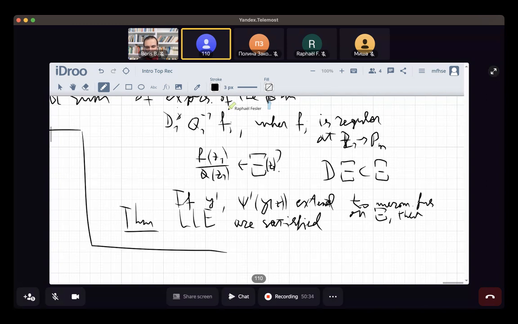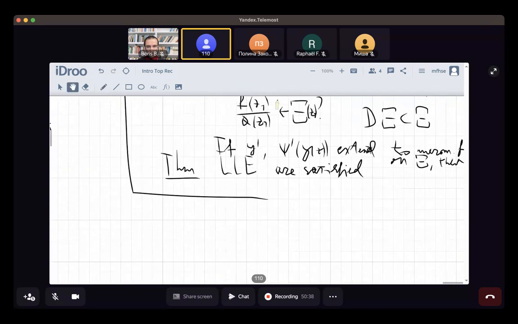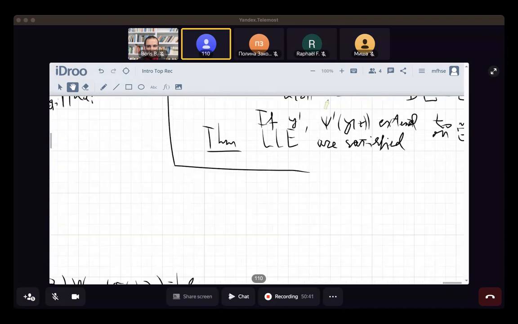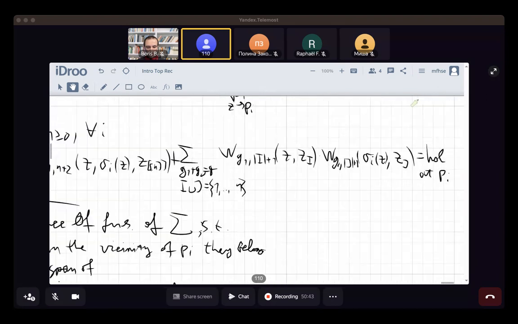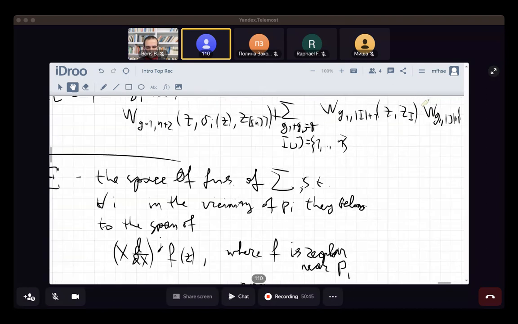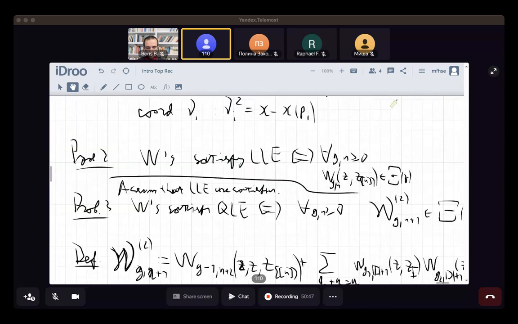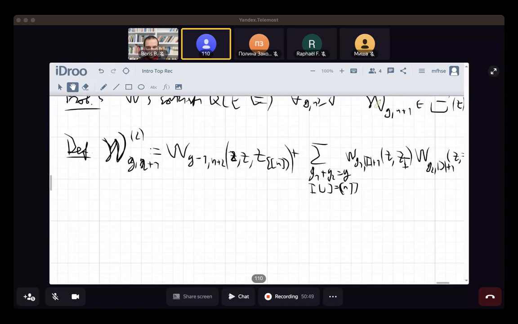Now regarding the quadratic equations. With quadratic equations, again, we will want to see that this expression, which we have down below, omega curly 2, belongs to the space Ψ.